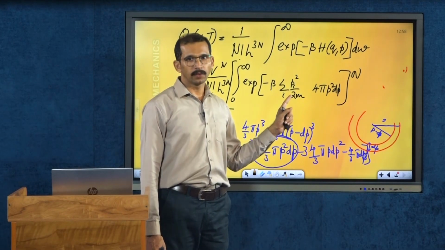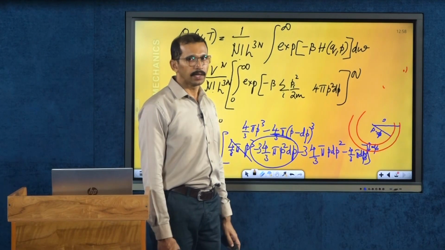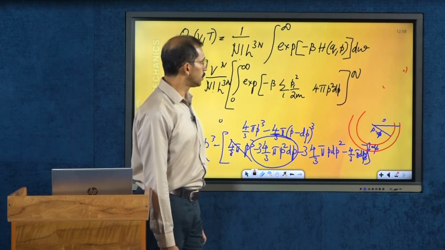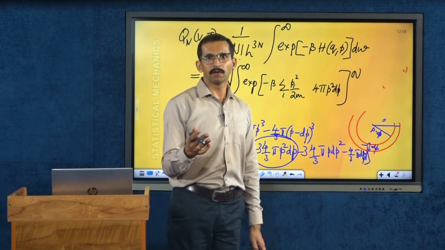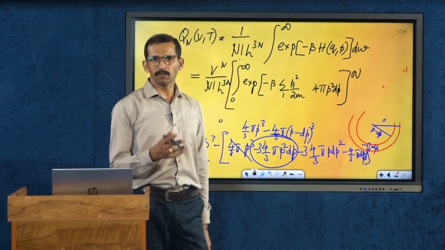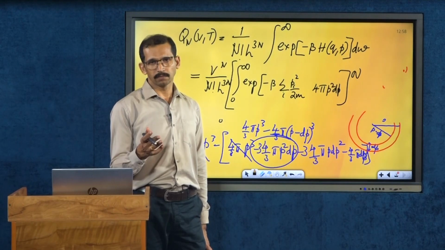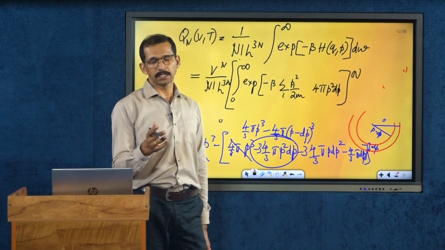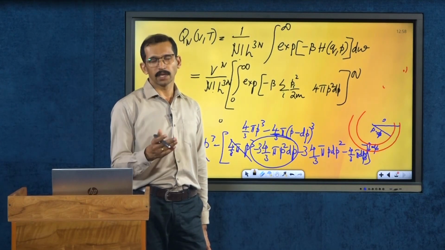If I do the integral, I will get this based on the gamma function, the integral of exponential e raised to minus alpha y squared, y dy, which is a simplified step for doing that.